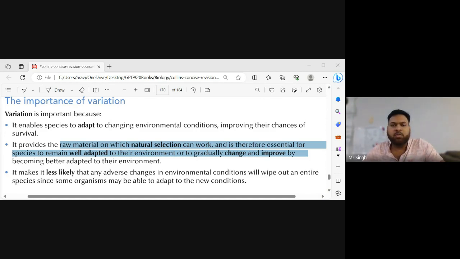Let me know when you all are finished. One of them is called the peppered moth. It could be black and white, peppered, salt and pepper, or it could be more black than white.